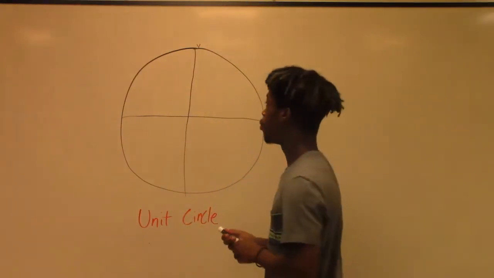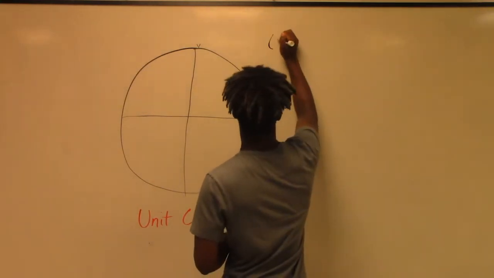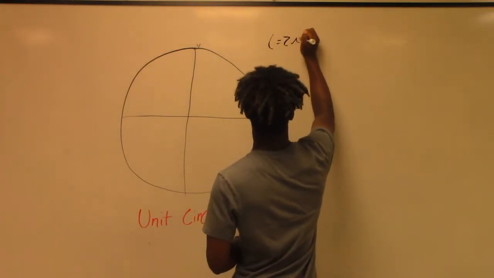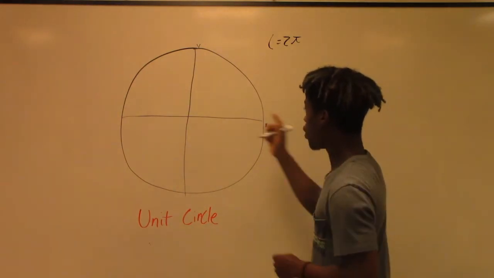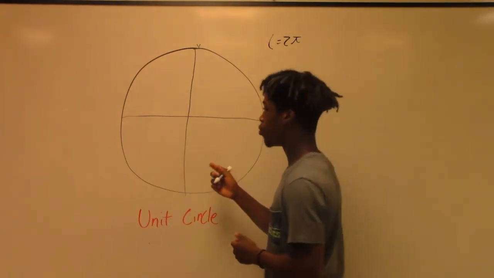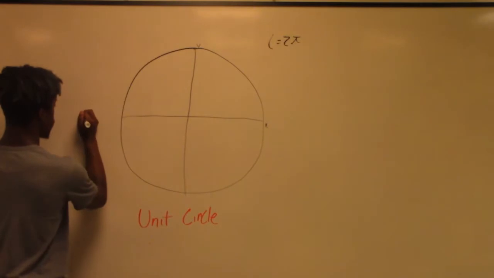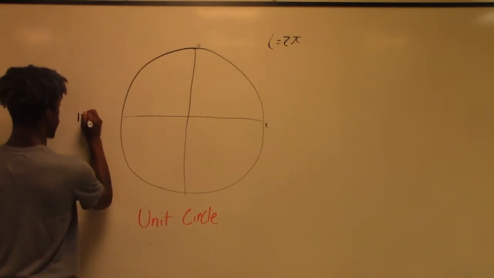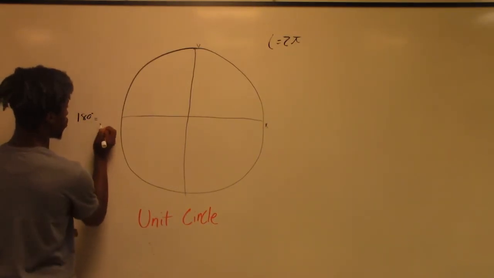Here on the unit circle, we know that the circumference equals 2 pi. So halfway, or 180 degrees, would equal pi.